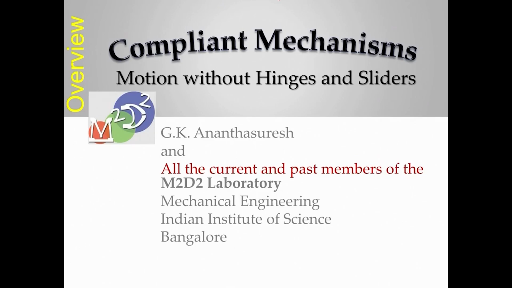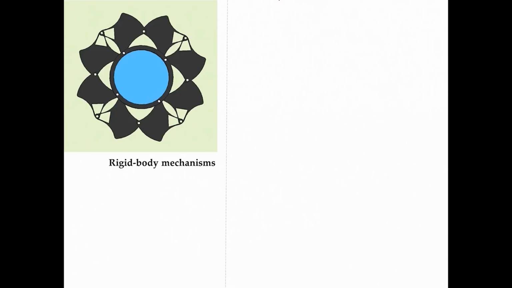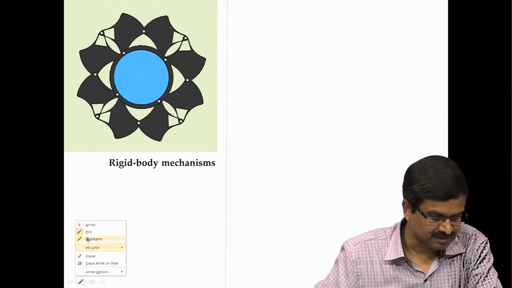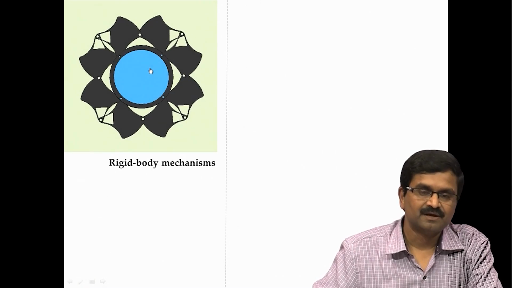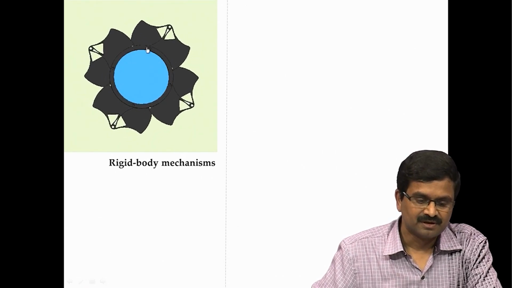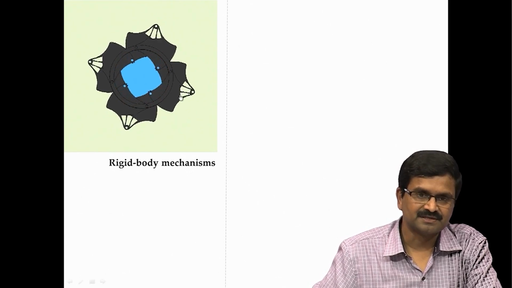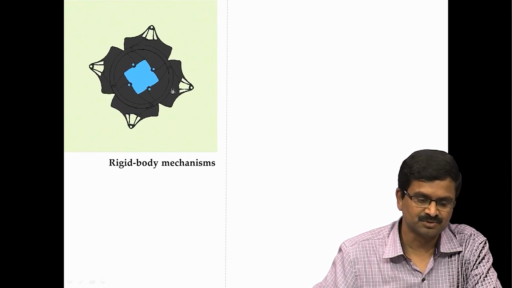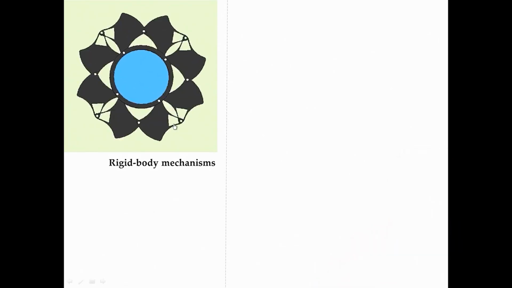Let us look at a couple of conventional mechanisms. If you turn something here circumferentially, it is moving radially in and out as this mechanism shows, and mechanisms intrinsically are very beautiful.